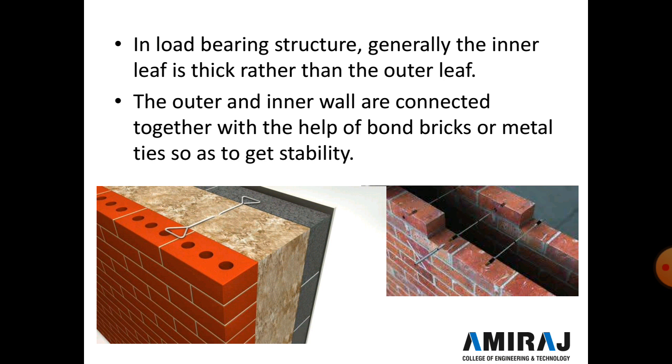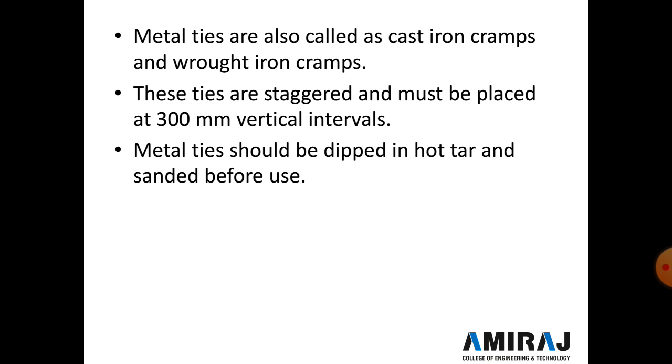Metal ties are also called cast iron cramps or wrought iron cramps. These are staggered and must be placed at 300 mm vertical intervals so as to increase the stability of the two leaves. Metal ties should be dipped in hot tar and sand before use so as to avoid corrosion.